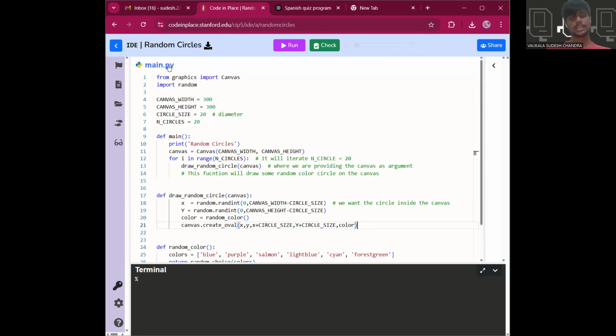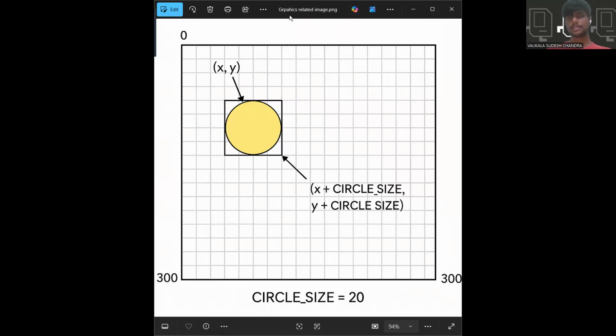I'll once again share this part. Okay, so you might have seen these pages. Once you see this, I will explain what is happening over here.